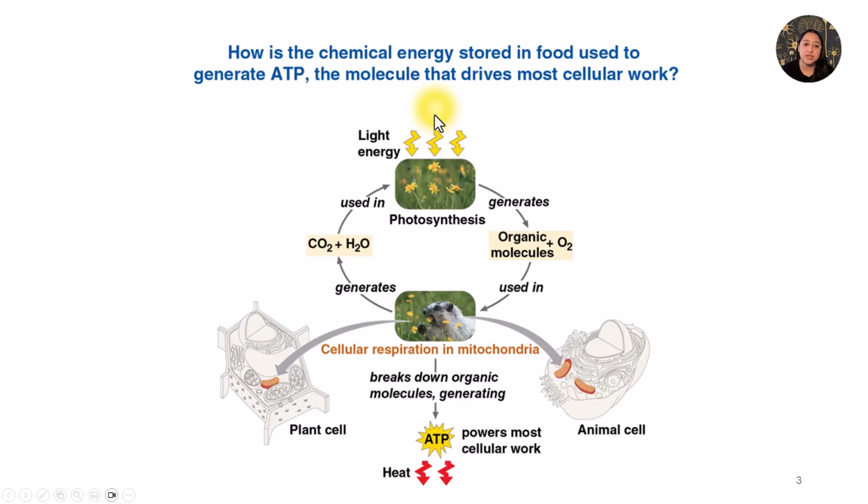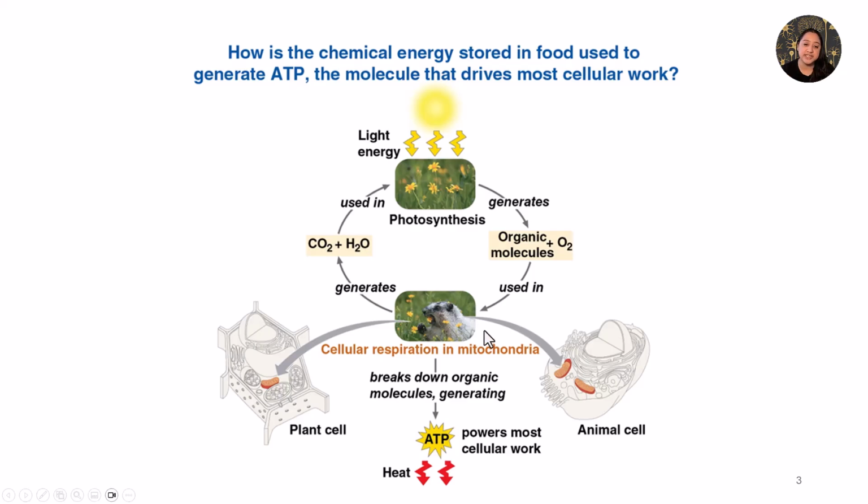And so the light energy from the sun is used by photosynthetic organisms like plants. And so they use the light and the water that they get to make organic molecules and oxygen. And so they build these bigger molecules through anabolic pathways, building things. And plants breathe out oxygen as their byproduct.